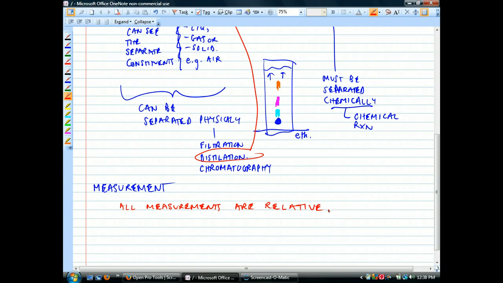What I mean by that is there's no such thing as an absolute unit that has some kind of independent existence. If I am measuring something with a meter stick, what is a meter? Well, it turns out it's some fraction of the distance that light can travel in a certain time, all right?